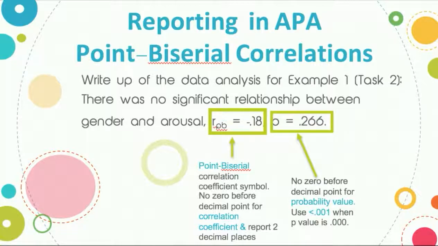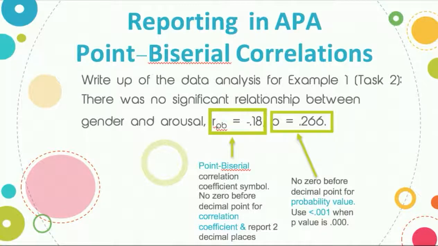Then for the probability value, you'll do no zero before your decimal point, and we will just type .266, and it's best to report the actual value when it's possible. Only in situations where you have significance and it is .000 can you do p < .001, and you don't need that equal sign with the exact probability value.